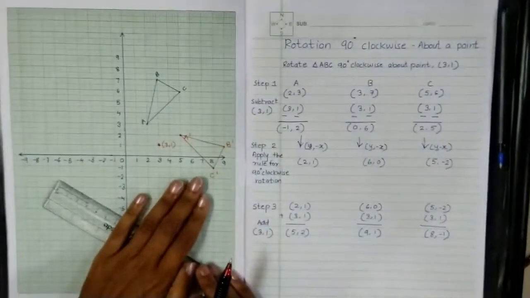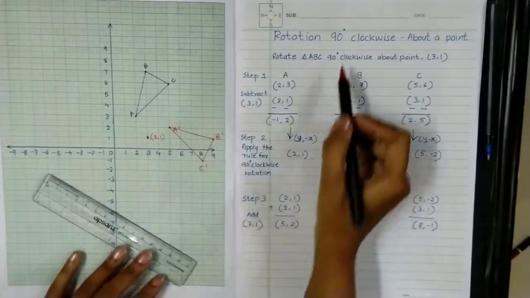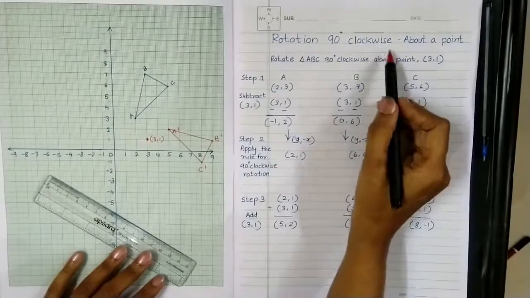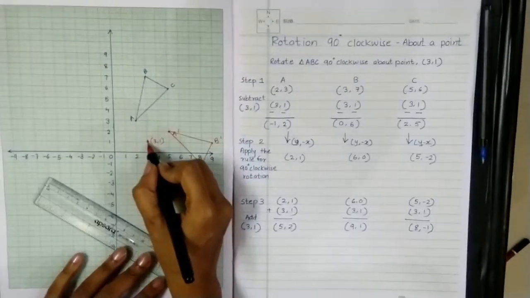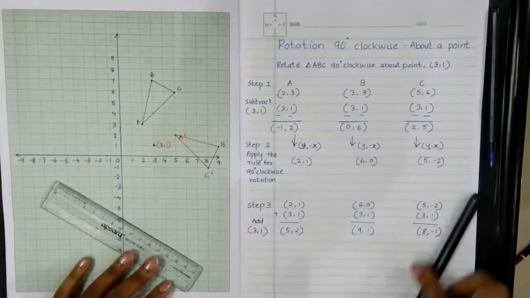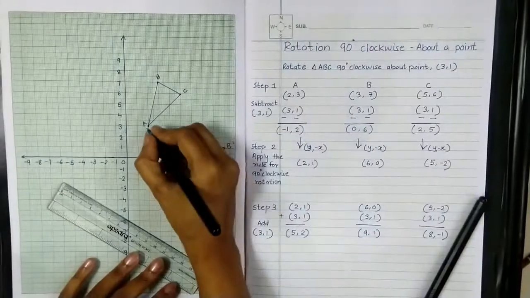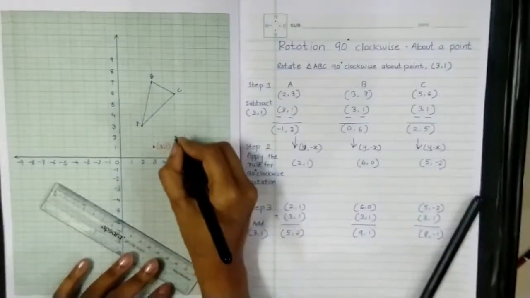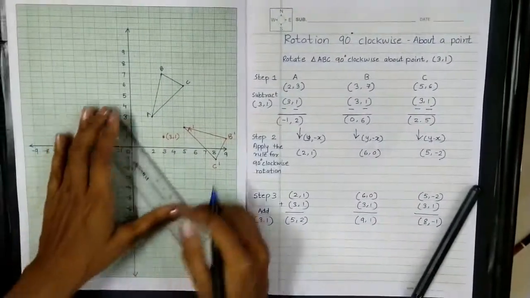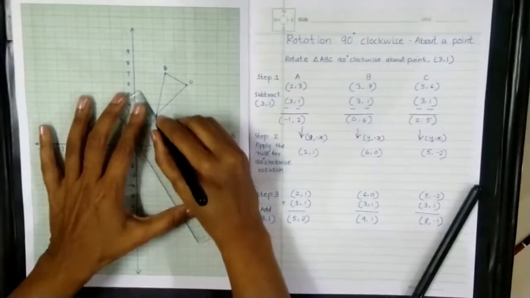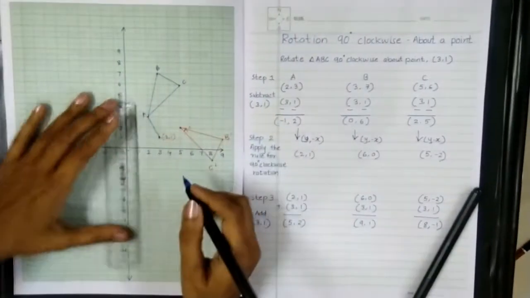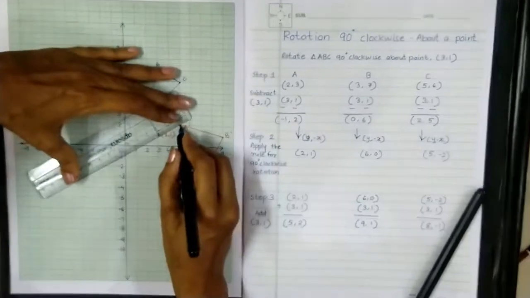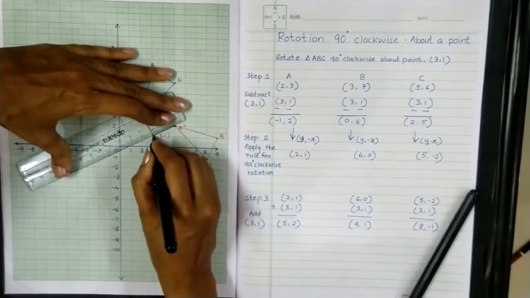This will help you to obtain your figure with 90-degree clockwise rotation about a point (3, 1). You can cross-check this with the same method. Select a point A and A dash, and through the point which was its center of rotation, join those 2 points.